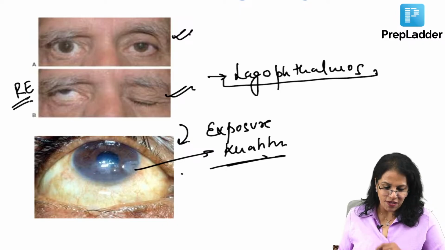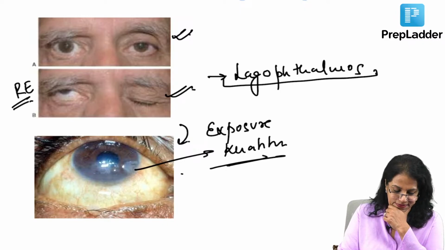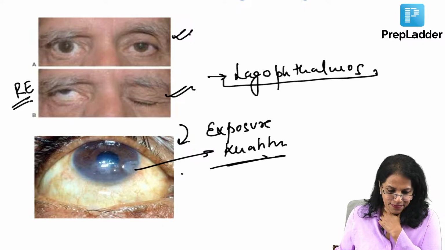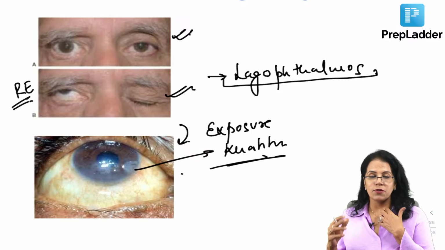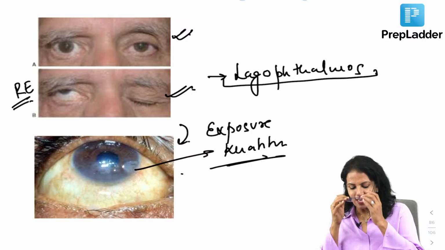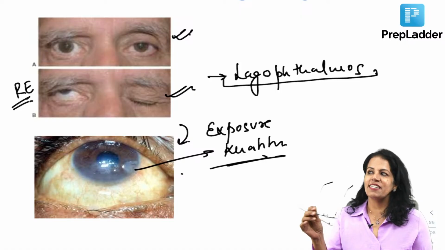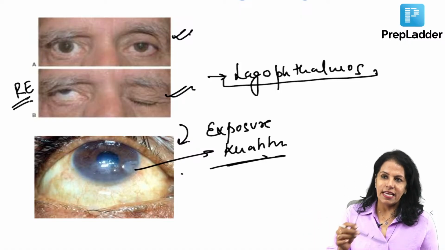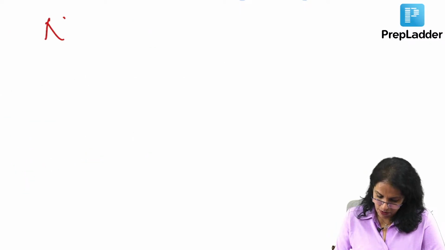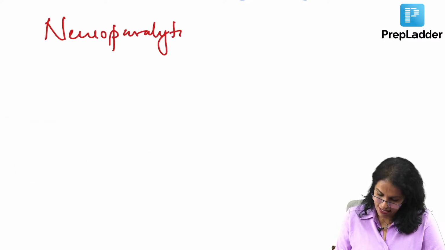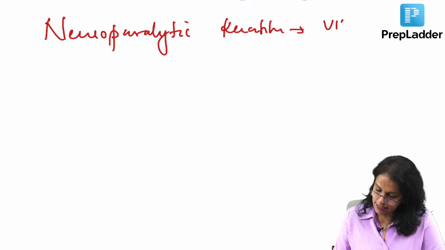What do we call this? Exposure keratitis happening due to lagophthalmos is also called neuroparalytic keratitis. Remember, I have taught you this, neuroparalytic keratitis, because it is due to the 7th nerve palsy.